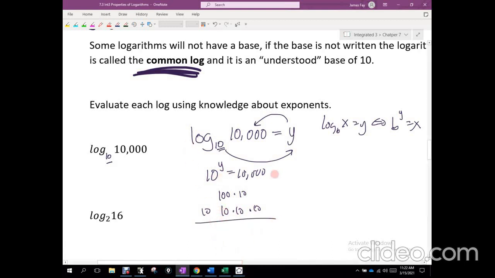10 to the 4. If I need 4 zeros, then that means I need to multiply 10 by itself 4 times, right? Okay. So when I ask you 10 to the y equals 10,000, what does y have to be? It has to be 4. Well, so weird route to get to that, but I think the reason for that is because there's confusion on how, when we verbalize something in math, how you guys verbalize it.